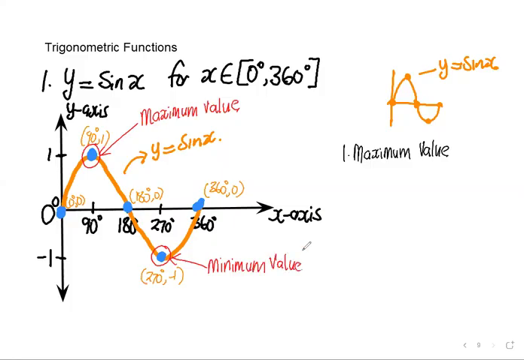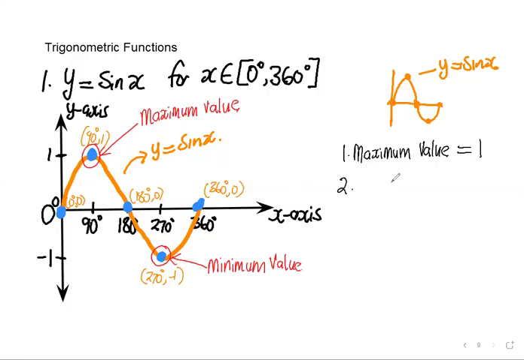So that's one thing that you need to understand. After you get all those coordinates, when they are saying maximum value, when you check here, it's 1. 1 is the maximum value. So the maximum value is going to be 1.